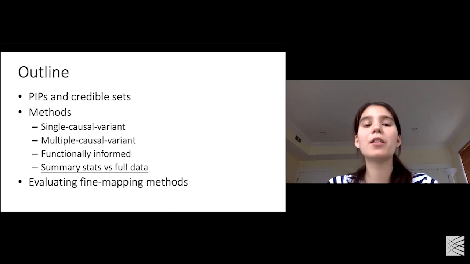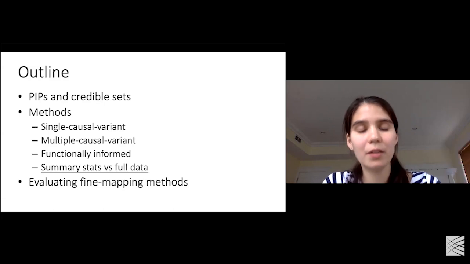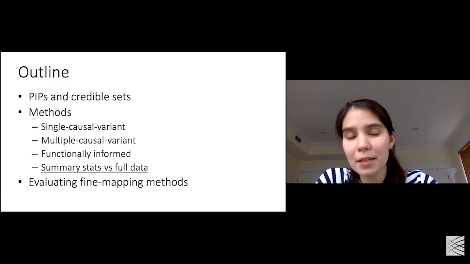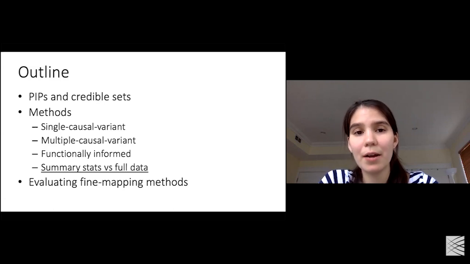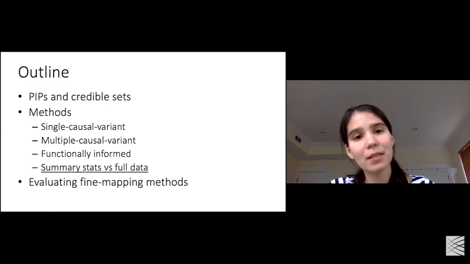So typically you first start by writing down a set of functional annotations. Here are my coding variants, here are my promoter variants. And one thing that's different among the different methods is how many of those you can write down. But if something is regulatory and in trans in a way that hasn't been well characterized, or that you can't work into your model, then that's not something that you can take advantage of with these types of methods.